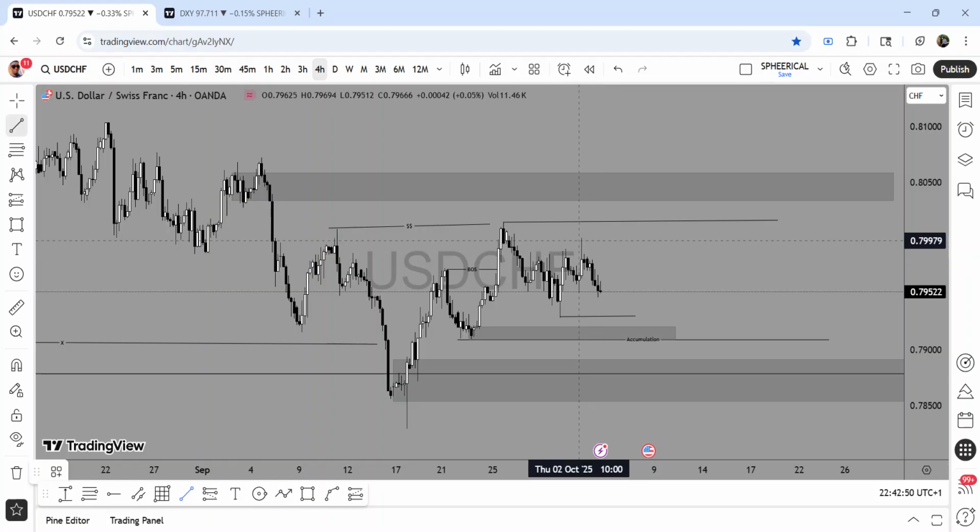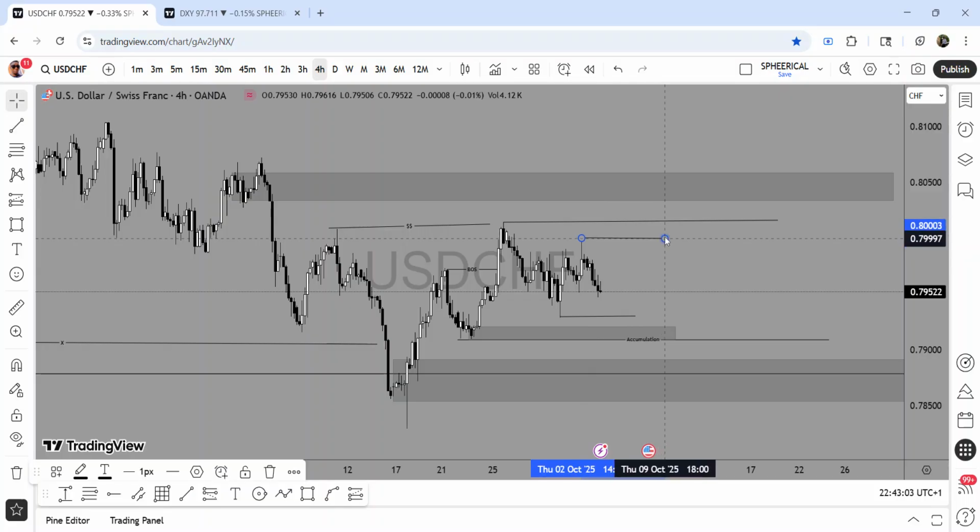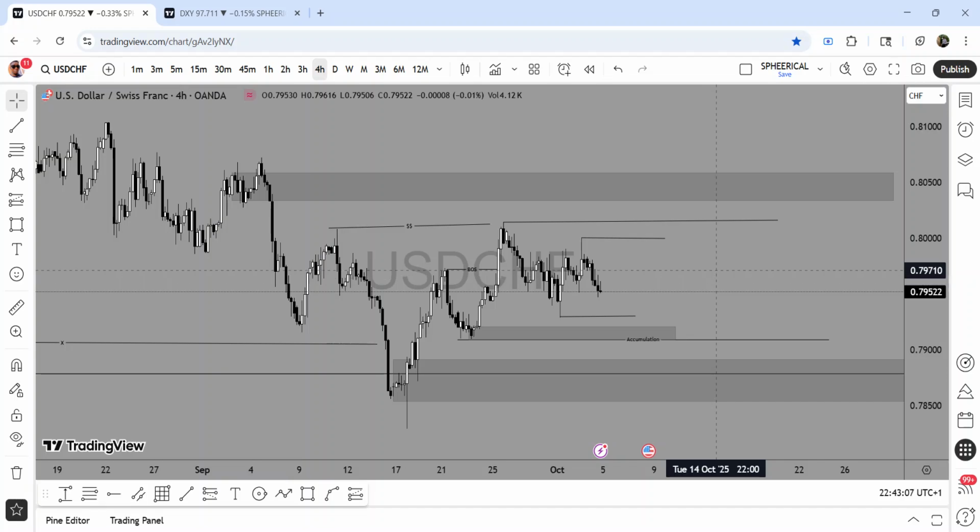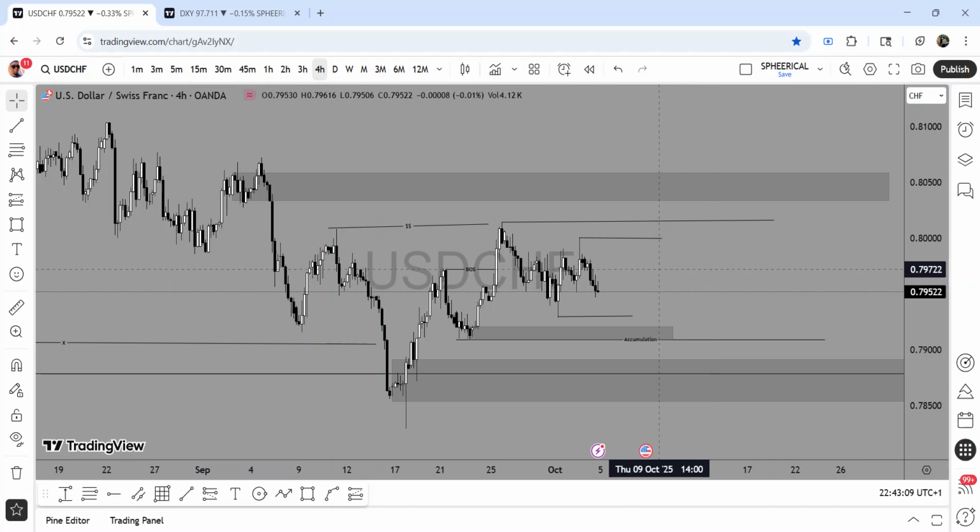Then another important thing is that this is another accumulation. So the market will be looking for a way out as it has been accumulating. It will be looking for where to sweep and leave. But from what we are seeing here in the candlesticks, this is actually a correction movement.